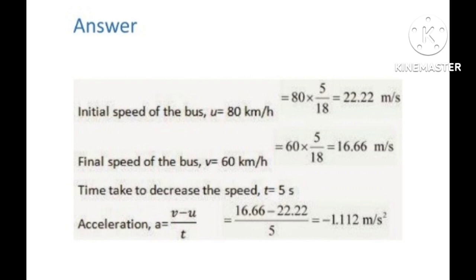Now, first of all, we have to convert this kilometer per hour into meter per second. How can we convert it? 1 kilometer per 1 hour: 1 kilometer is 1000 meter, divided by 1 hour, which is 60 minutes times 60 seconds.